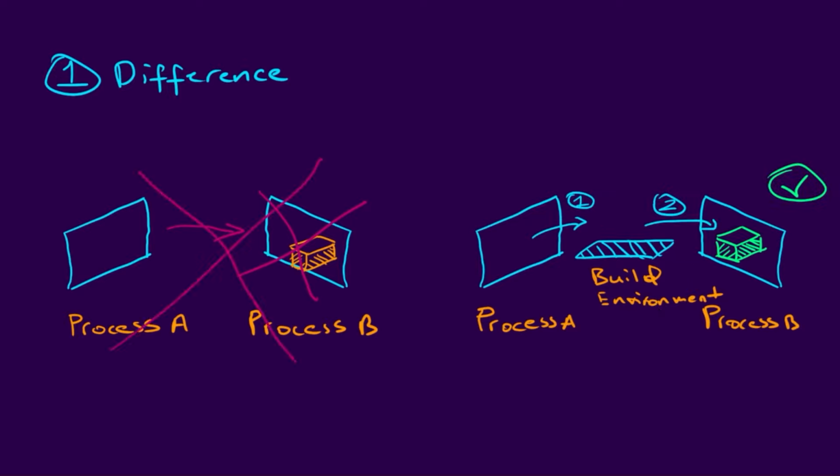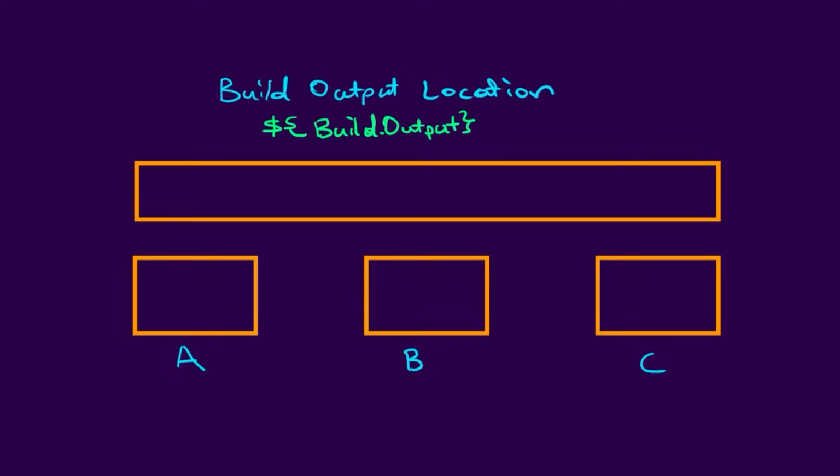task's input. What I mean by this is, let's say we have our three processes again, process A, process B, and process C. But this time, we also have a location where our processes' output will be placed after their completion. We start our process's execution at A as usual, as it's the starting point for the build pipeline sequence.